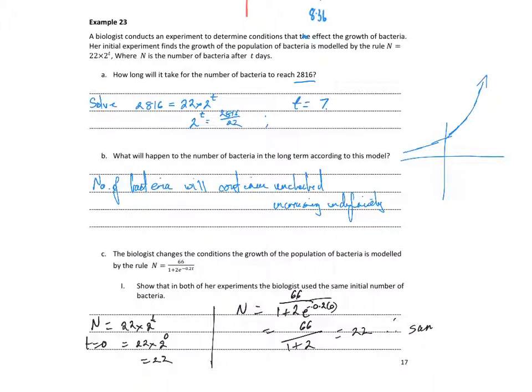Therefore, same initial population. Quick look, what's our model? 66 over 1 plus, I don't know what the 66 represents. No, it's not thousands, it's just 66.